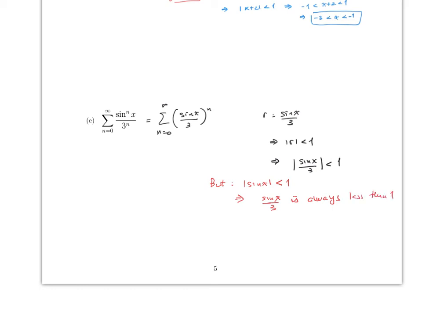Therefore this implies the sum is convergent for all values of x.